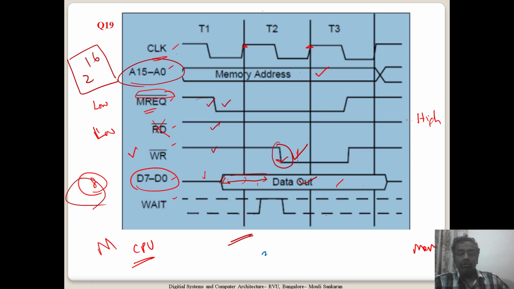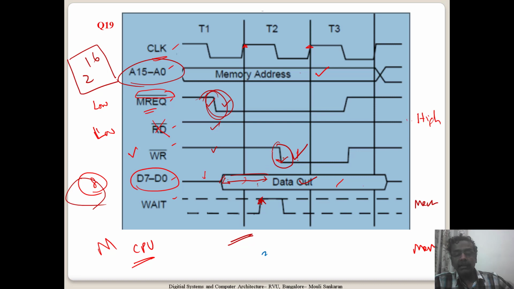Now what happens when this signal is given? Memory request is there and a wait signal could become high, coming from the memory. Memory says I am trying to get ready based on your request, so I am raising it, please wait.